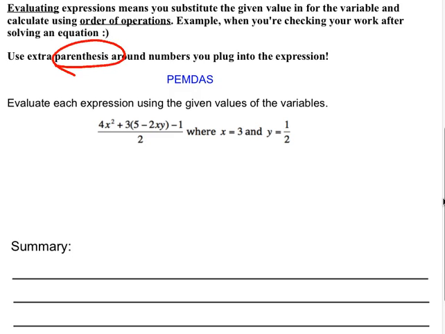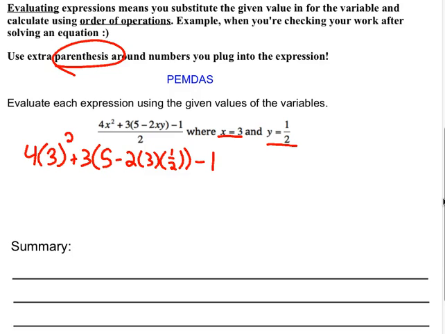So I'm going to go through. I'm going to plug in 3 where I see x, 1/2 where I see y. Again, whenever I do that, I am going to use parentheses around them, okay?